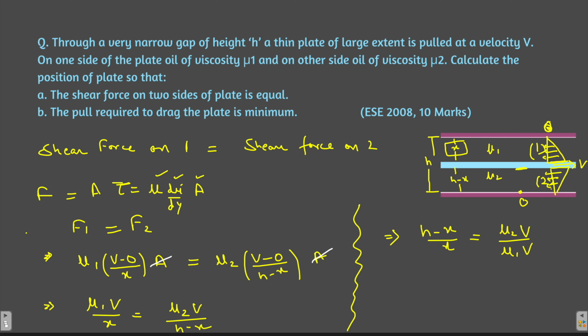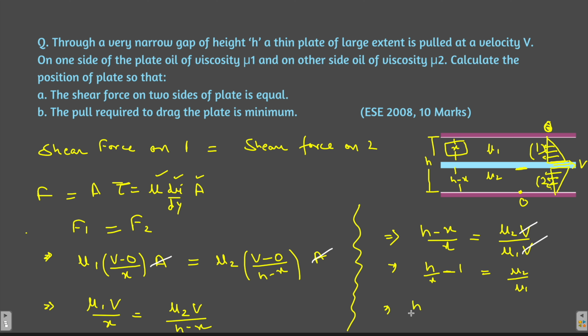This v and v will also get cancelled out. I'm sorry that I didn't do that in the previous step. So this v and v will also get cancelled out. So now h by x minus 1 will give you mu2 by mu1. Okay, and you have to find out the value of x.